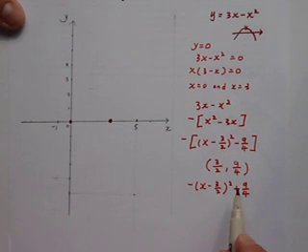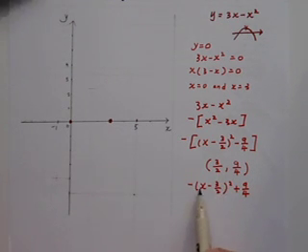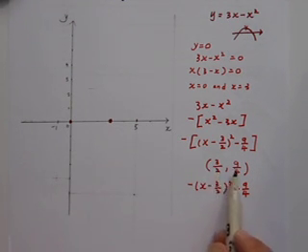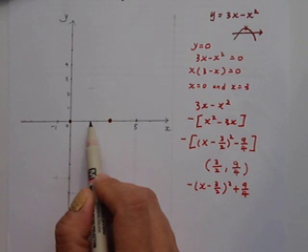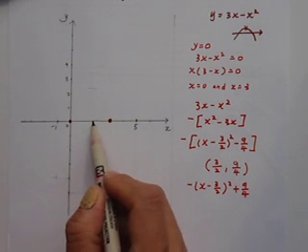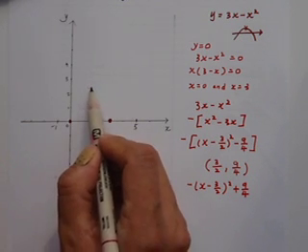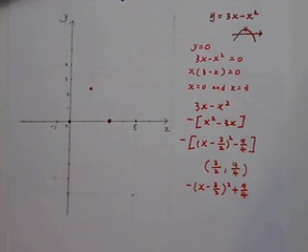So that's how I get the turning point at 1.5, and the y coordinate is 9 over 4. X is 1.5, y is 9 over 4, about 2 1/4.